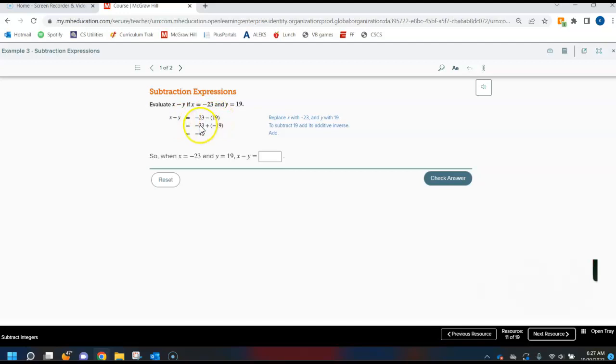Again, we're going to change this to addition, and instead of positive 19, we have negative 19. And now our rules of addition, if I have a negative plus a negative, since they have the same sign, we add them, and our answer is negative. So final answer here is negative 42.